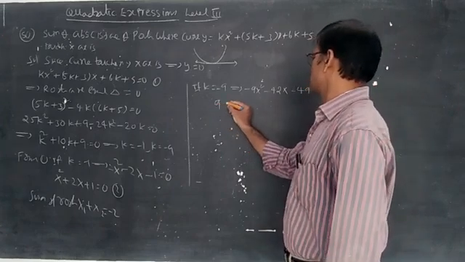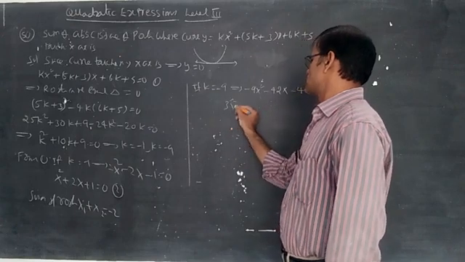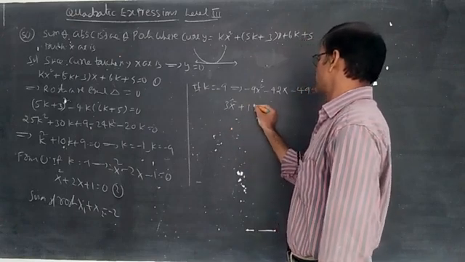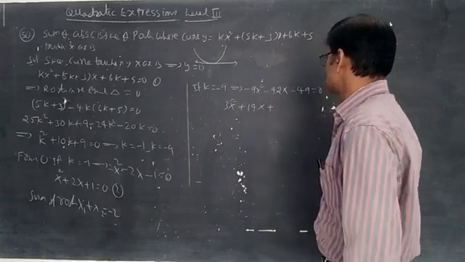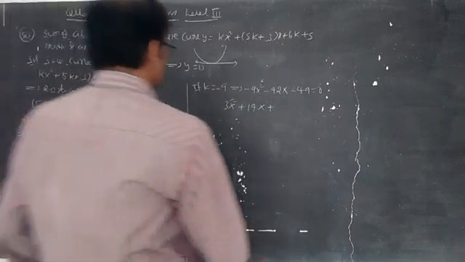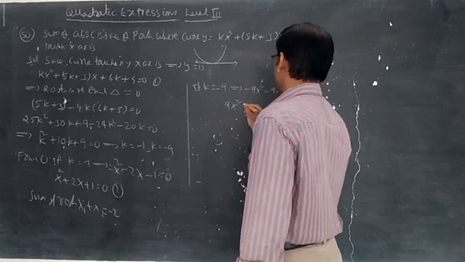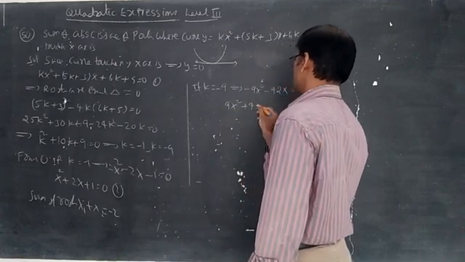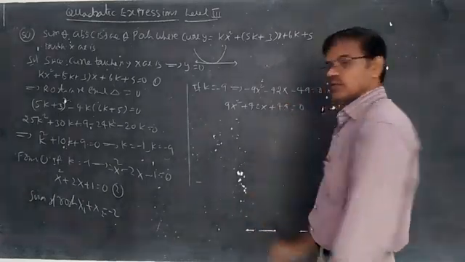Dividing by minus 3 it becomes 3x square plus 14x plus, no, it is not possible. So simply leave it. Divide with minus 1: 9x square plus 42x plus 49 equal to 0.